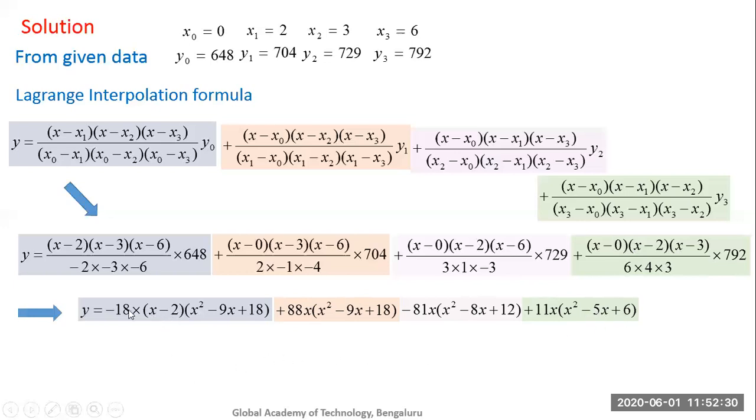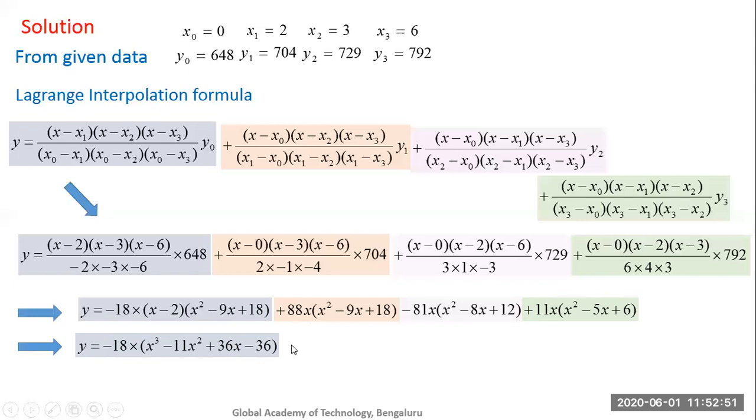Next, keep minus 18 as it is, multiply these two brackets. So we get x into x square, x into minus 9x, x into 18. Similarly, minus 2 into x square, minus 2 into minus 9x, minus 2 into plus 18. You get x cube minus 11x square plus 36x minus 36.